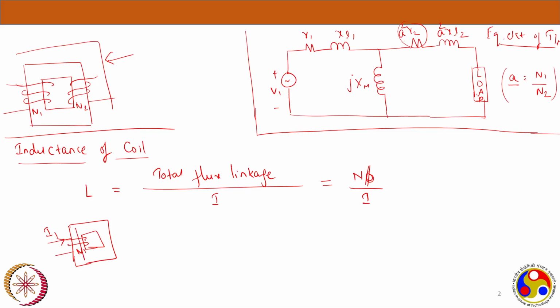Here comes the important rule. My current is flowing in this direction, in this direction, in this direction. Can someone tell me what is the direction of flux? Does it go in the clockwise direction or the anti-clockwise direction? It's a very basic law.